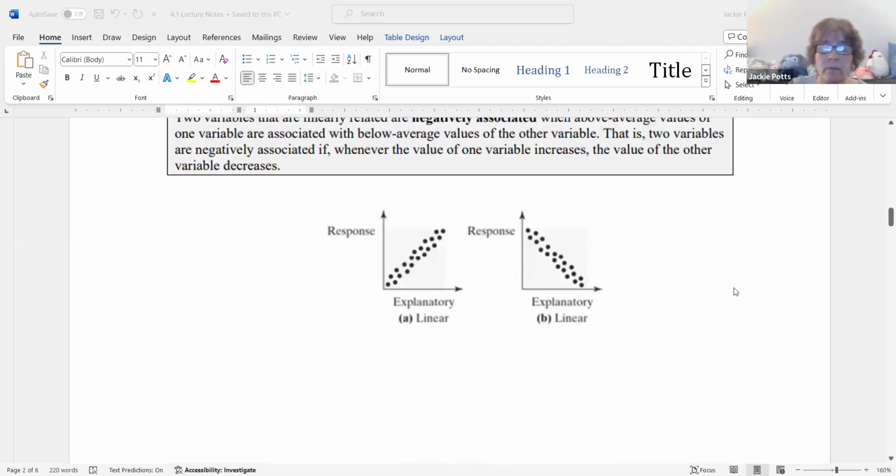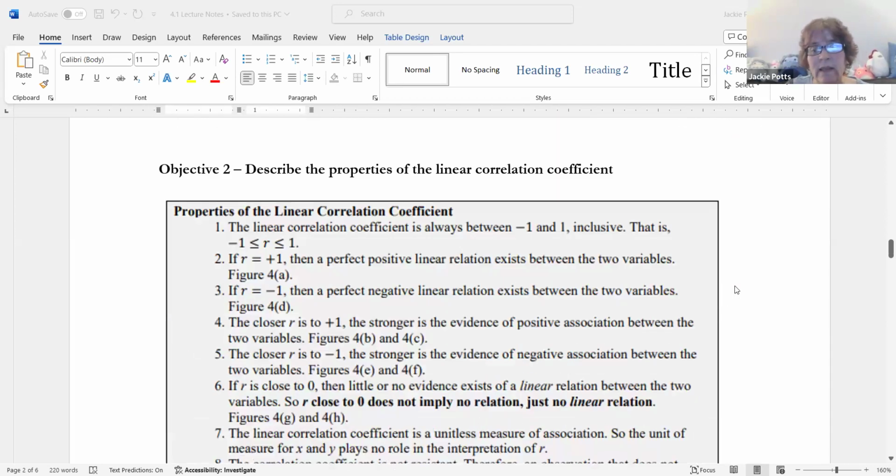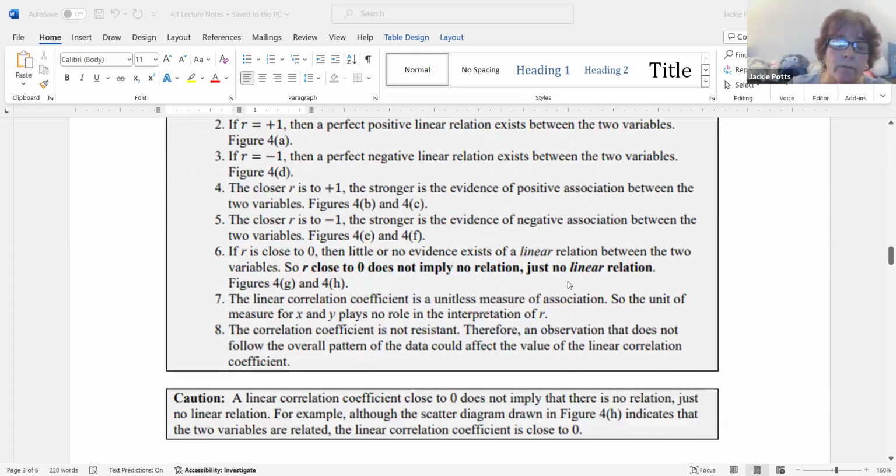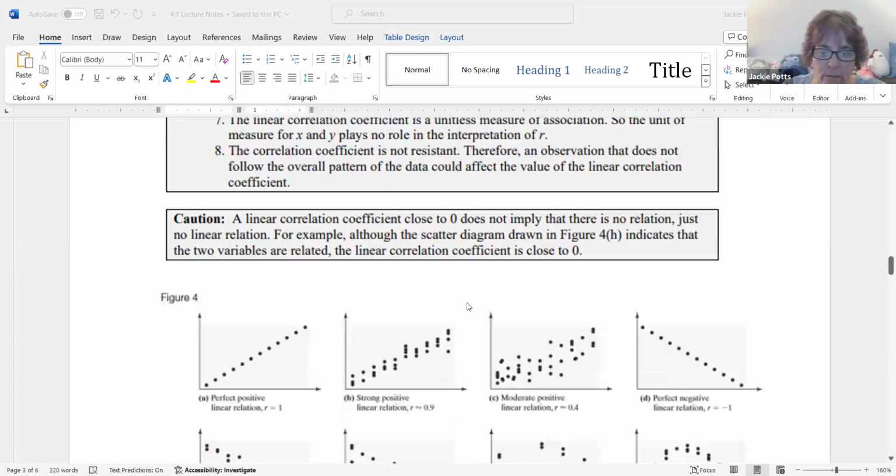I mean, we're basically saying it's no to very weak. All right. Also, R is unitless, and it's not resistant. In other words, if we get some little outliers out there, it does affect the value.